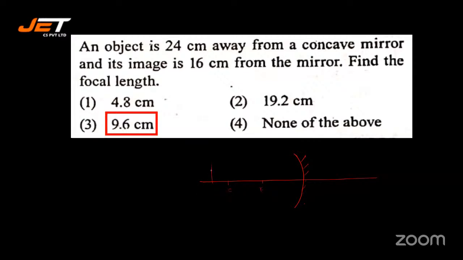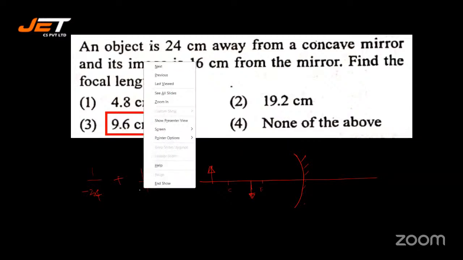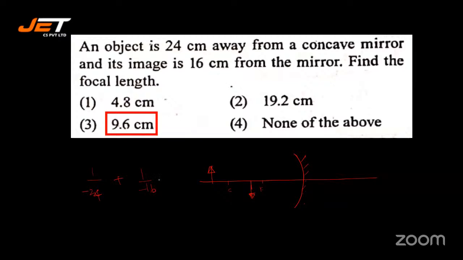It is possible when object is here and image is found somewhere here. Only then this is less than this. When it's beyond the center of curvature, only then the image distance is less than the object distance. So I'll have 1 by minus 24 plus 1 by minus 16 is equal to 1 by F. Solve this, you'll get the answer.